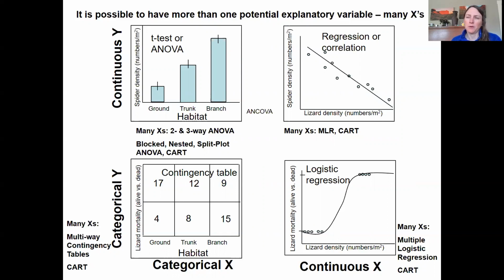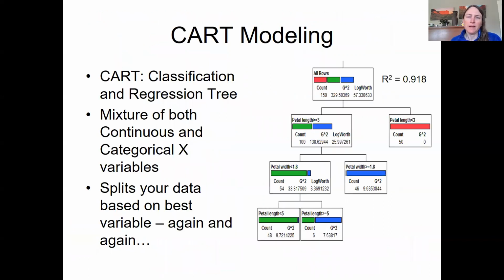So we'll talk a little bit more. CART models are an advanced technique, but they're kind of fun to play with. And so I'm just going to give you a little exposure to them. Classification and regression tree models can use a mixture of both continuous and categorical X variables. And how they work is they take your Y variable, and in this case, I think we'll just consider it a continuous Y variable.